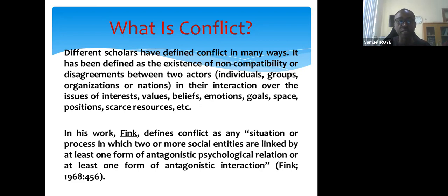According to Flake, conflict is seen as a situation in which people are connected by virtue of one antagonism or the other. That is, their interaction is based on the fact of disagreement. It's based on the platform of disagreement. So when the connection of people are based on that disagreement, we are fitting into the definition of Fink.